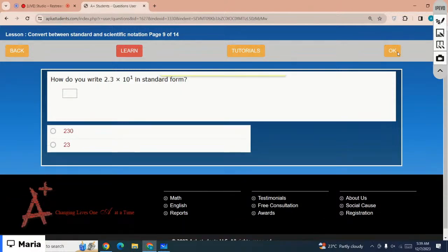Okay, how do you write 2.3 times 10 exponent 1 in standard form? So which is the correct option?